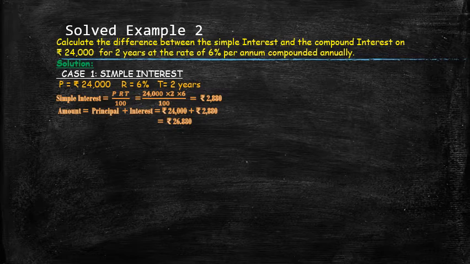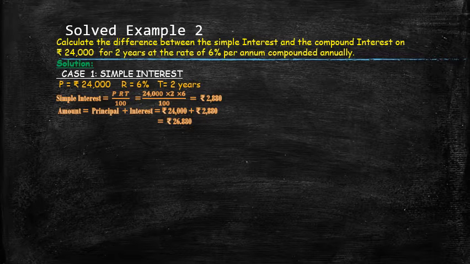Let's see how much amount we'll be getting. So the amount equals principal plus interest. That's equal to rupees 24,000 plus rupees 2,880. That is equal to rupees 26,880. So we got the answer for the amount.